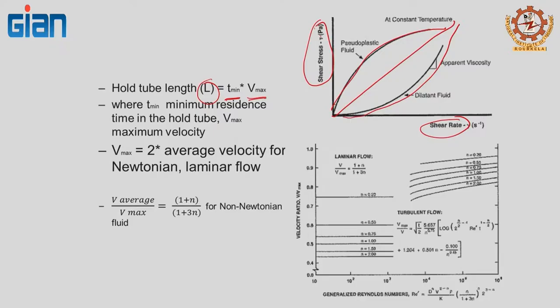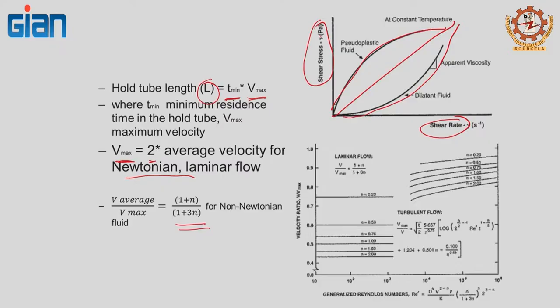For that you use certain mathematical models, which I am not going to go into detail, but just to note here, you have certain velocity. You identify the maximum velocity based on 2 times the average velocity for a Newtonian fluid, or for a non-Newtonian fluid use this type of relationship. So, a lot of math goes behind here.